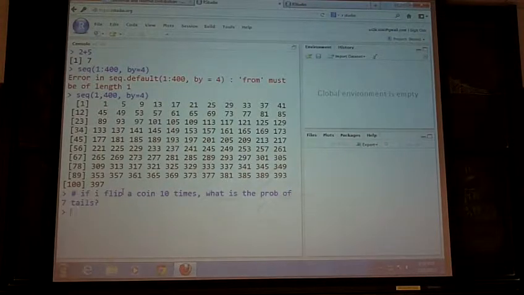Okay? So the answer to that is going to be dbinom, and I'm going to say 7 is the number that I'm interested in. The number of trials, n is equal to 10, and the probability of a success, p is equal to 0.5.